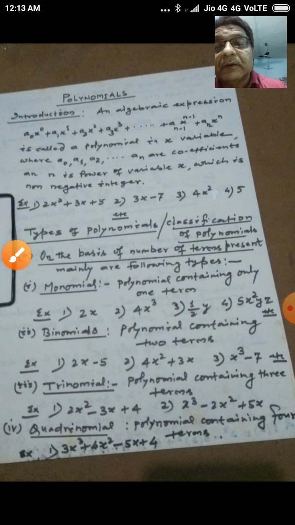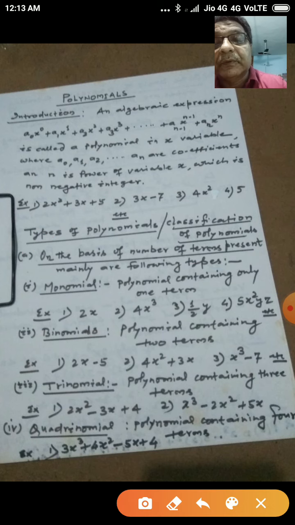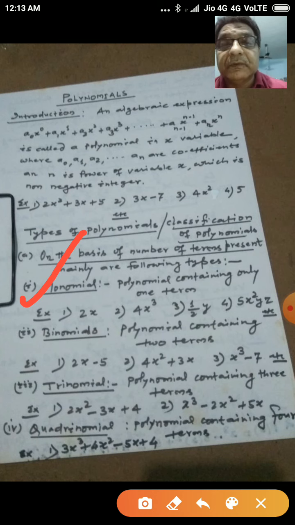On that basis, the polynomials are classified as monomial, binomial, trinomial, and in some books you will find quadrinomial. Otherwise, only the first three are very common, that is monomial, binomial, trinomial.